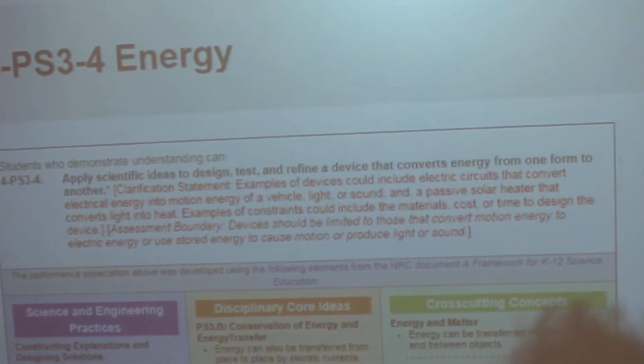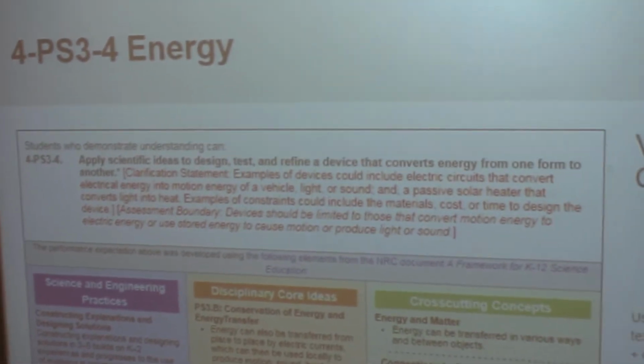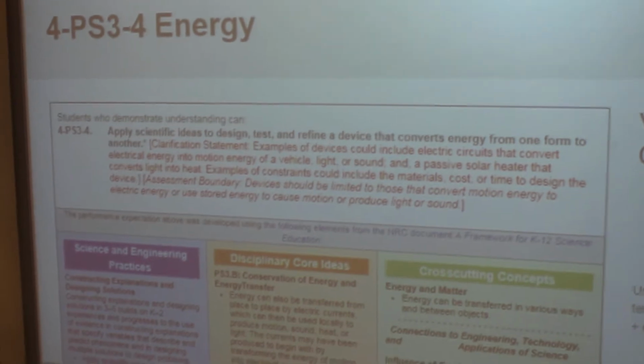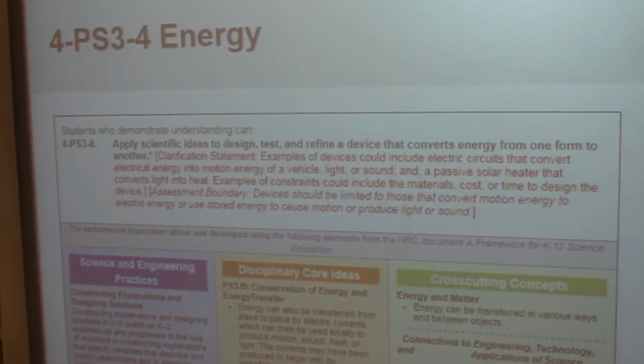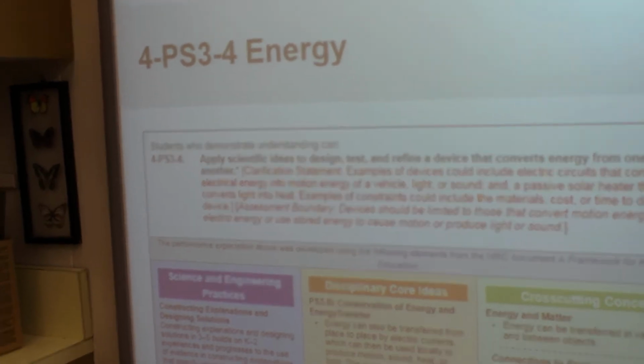And I'm going to start off by showing you a device that will convert electrical energy into another form of energy, including motion energy, magnetism, and then sound. And then after that, I'm going to challenge you to use your snap circuits to build circuits that will make light, motion, and sound.